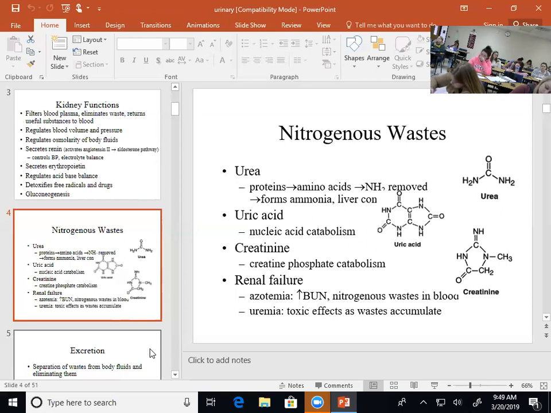But if they start to go up, this is referred to as azotemia. Azotemia, this prefix azo is usually referring to proteins. So azotemia is an increased BUN, which means blood urea nitrogen. BUN stands for blood urea nitrogen.